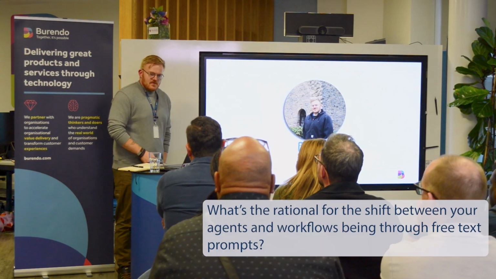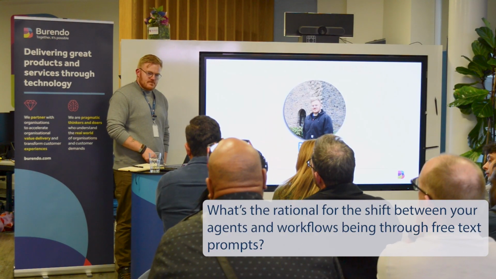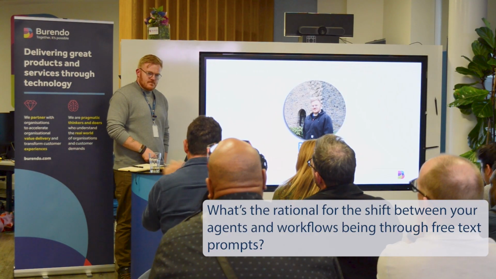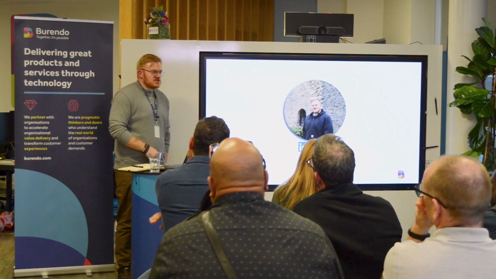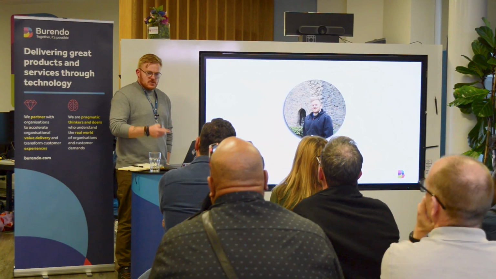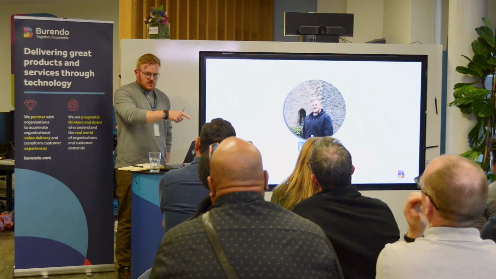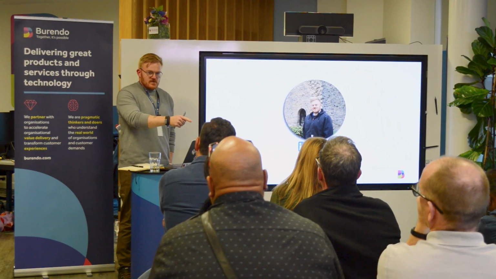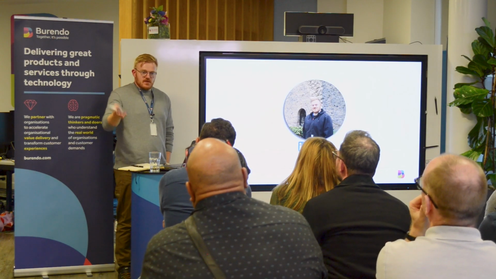What's the rationale for the shift between your agents and the workflows being through free text prompts? The rationale was that I wanted to ensure that I kept the human in the loop. So I wanted to ensure that at every point it went back to somebody and said, are you happy with this? And if they said yes, then it would be able to move on.